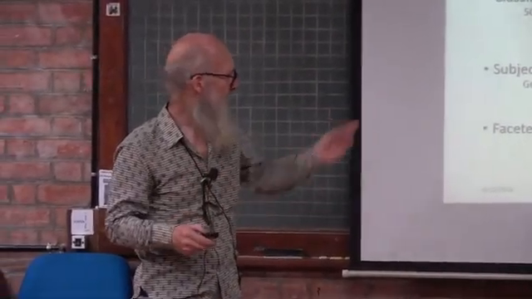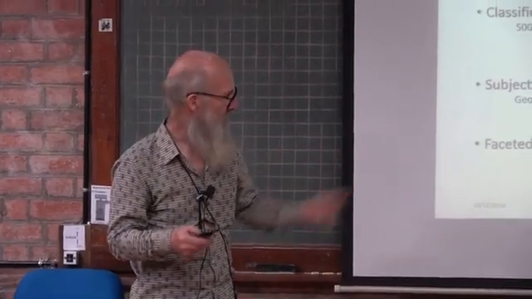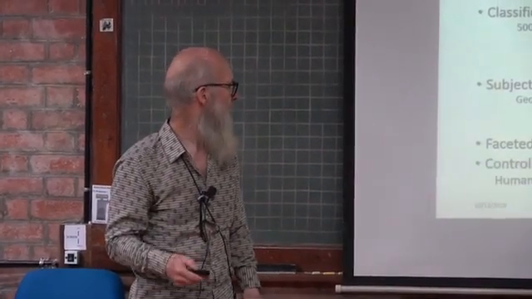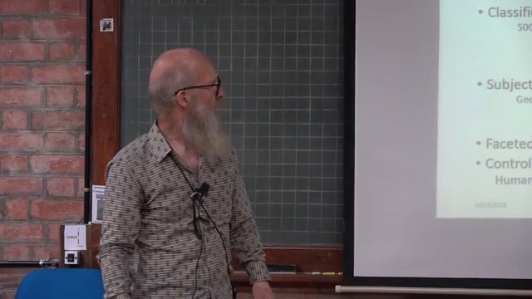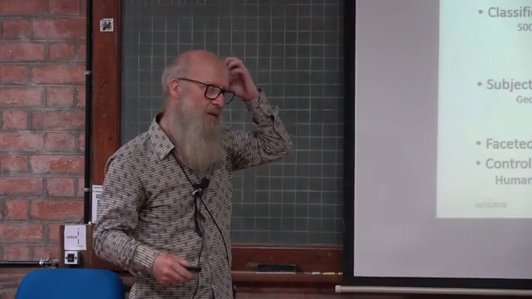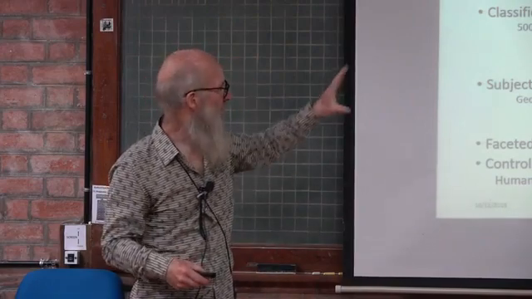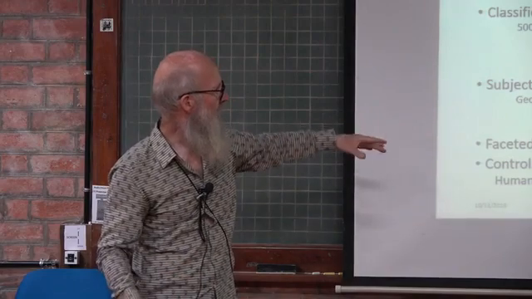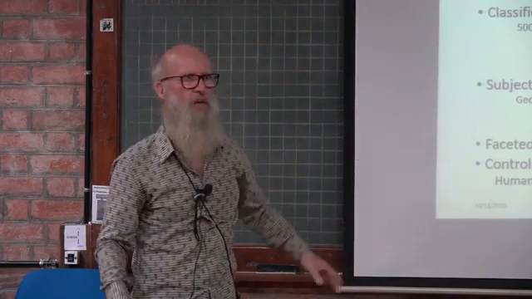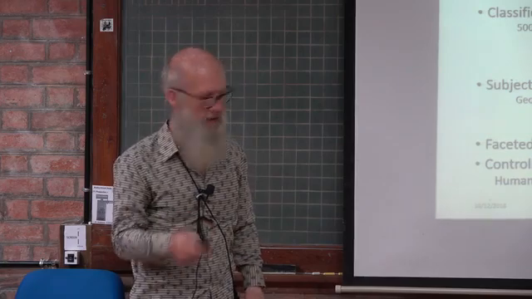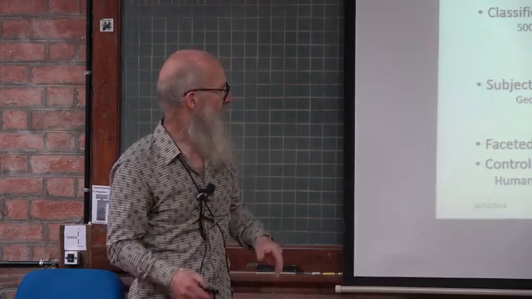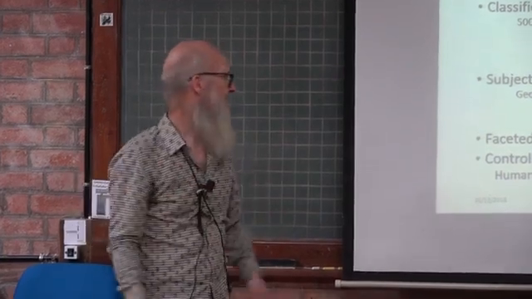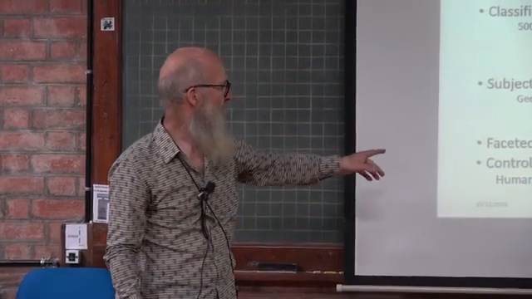Some of his ideas got into faceted classification, and I'll say a bit more about that in a minute. We had, at the time, various ways of thinking about all of this. So treat all of these alternative ways of doing classification, classification slash indexing, as controlled vocabularies.